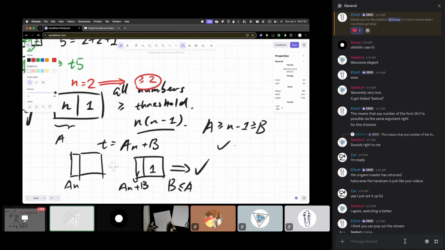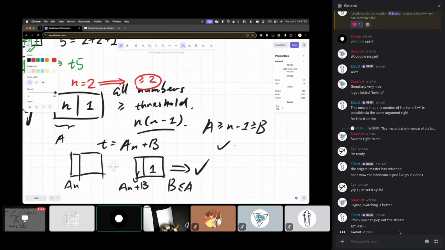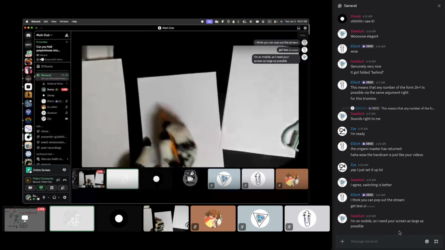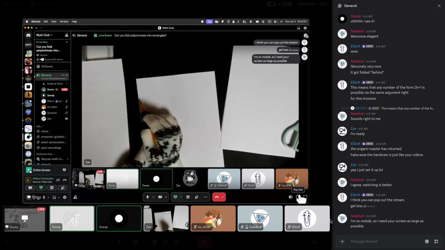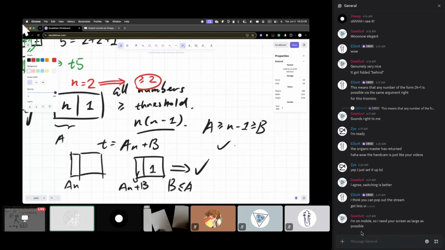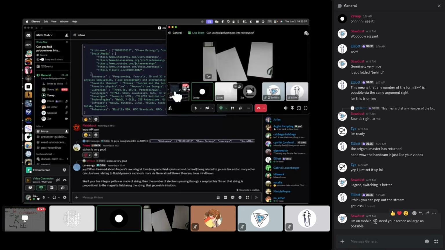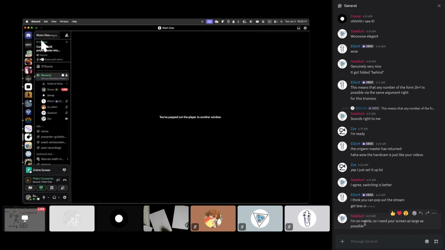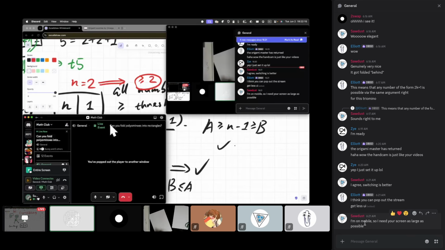I think I'll just switch sometimes. Well, I think it says you can pop out the stream from Discord. Oh, okay, let me see how that works. With that button there, you go. Pop out. Oh, right. Okay. Now maybe do a half and that half. I'm also gonna see if I can view the chat at the same time.